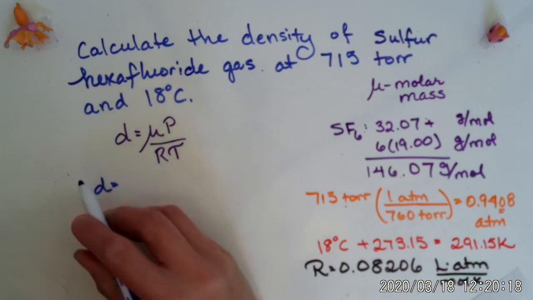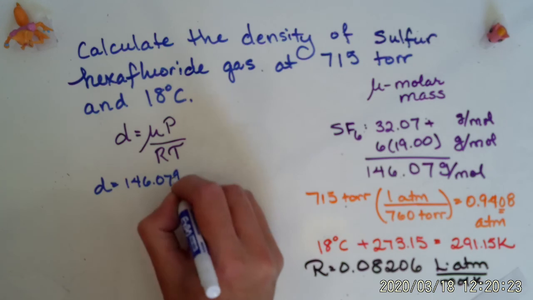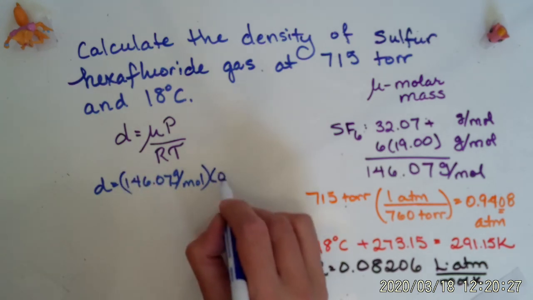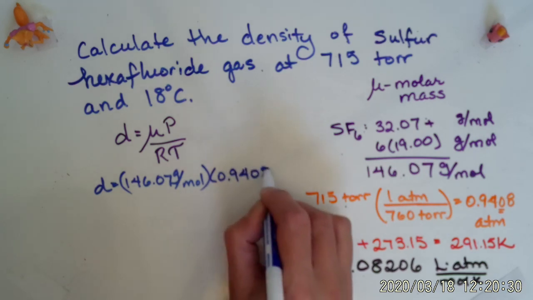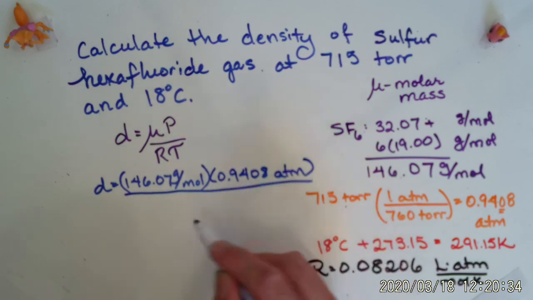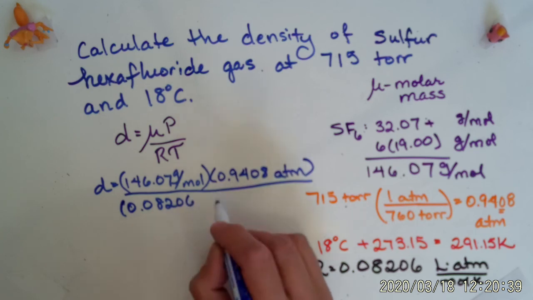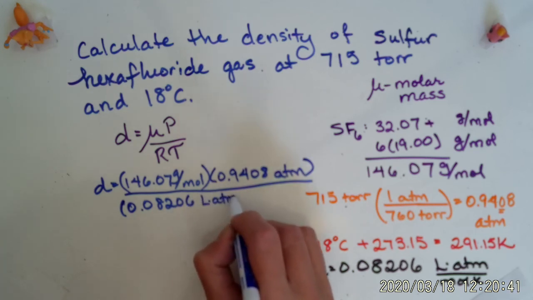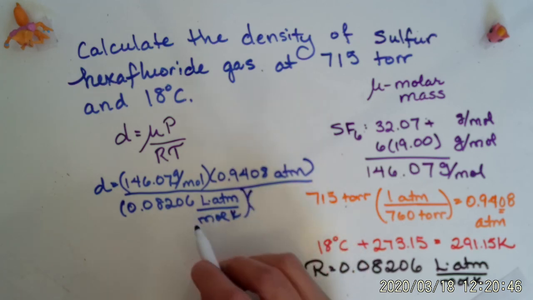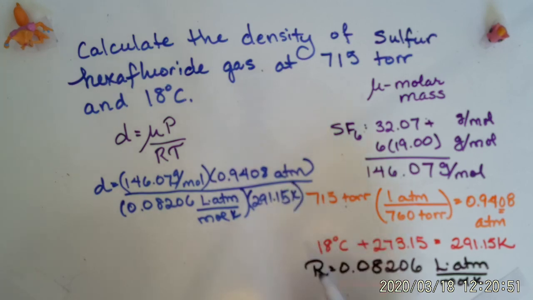Density is equal to 146.07 grams per mole times 0.9408 atmospheres. All of this is divided by 0.08206 liter atmospheres per mole Kelvin, and all of that's divided by the 291.15 Kelvin.